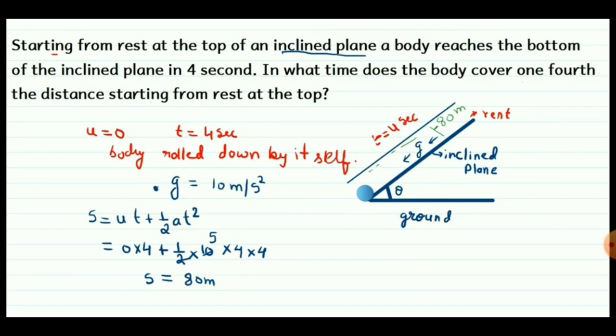How can we find 1/4 of the distance? The value can be found as 1/4 into 80, since the total distance was 80. It will give the value 20 meter.